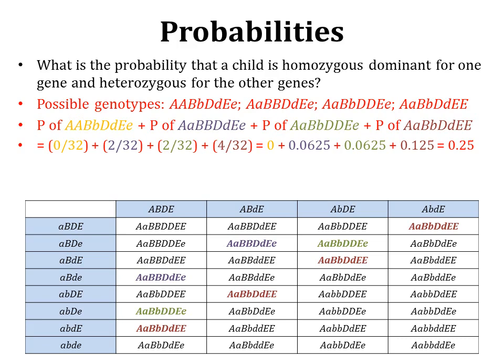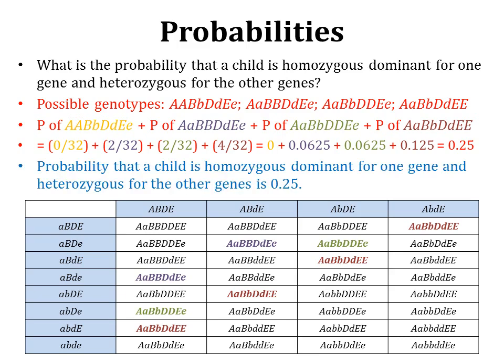Then there are 2 individuals who are homozygous dominant for the D gene and heterozygous for A, B, and E. And for the fourth one, we have 4 individuals who are homozygous dominant for the E gene and heterozygous for A, B, and D. And these are their respective individual probabilities: 0 plus 0.0625 plus 0.0625 plus 0.125, and their sum is 0.25.